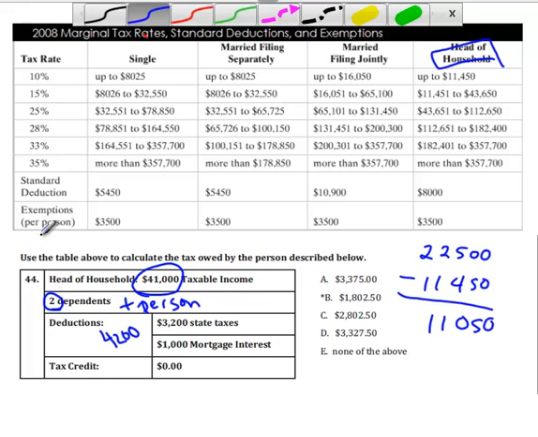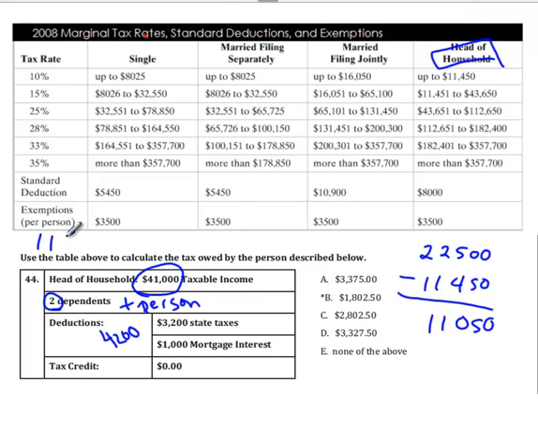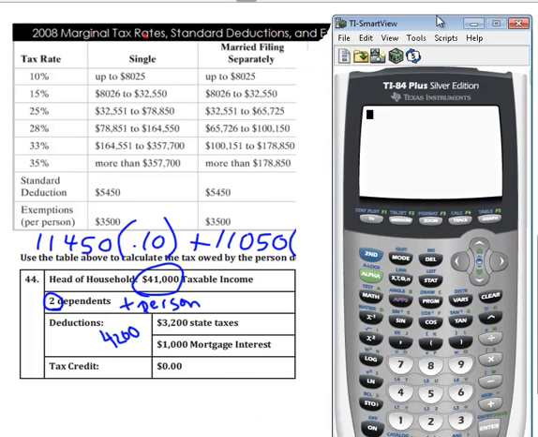So we have to do $11,450 times 10% plus what's left over here, $11,050 times 15%, 0.15, to get the tax that the person owes.